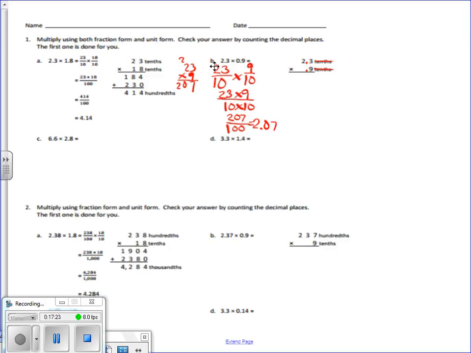I just want to write it as a decimal so that I can look at it as a problem. I would write it as 2 and 3 tenths times 9 tenths. So I want you to start practicing writing it as multiplication with a decimal.